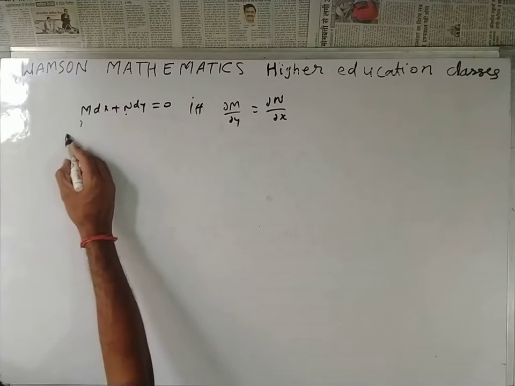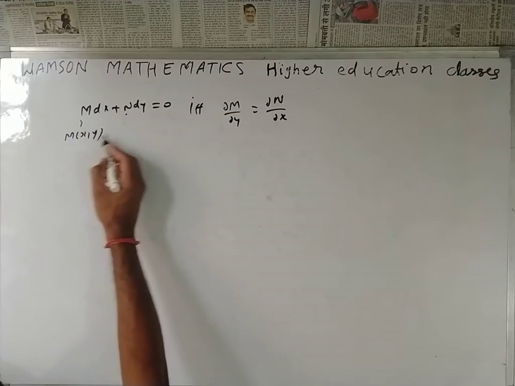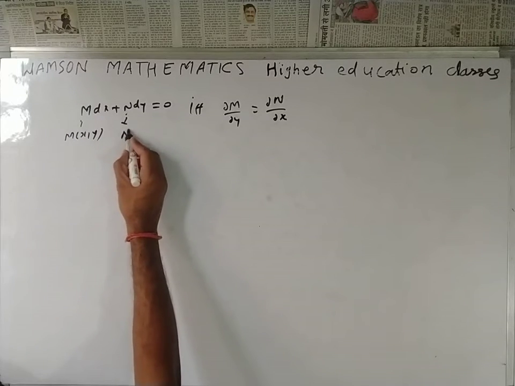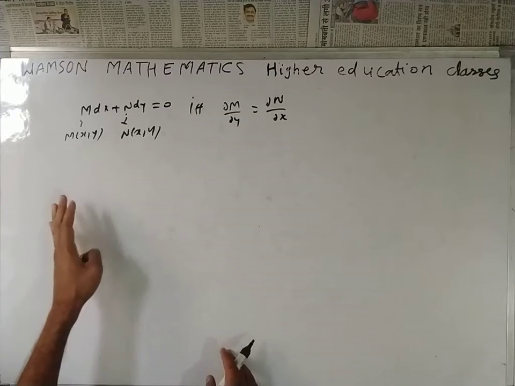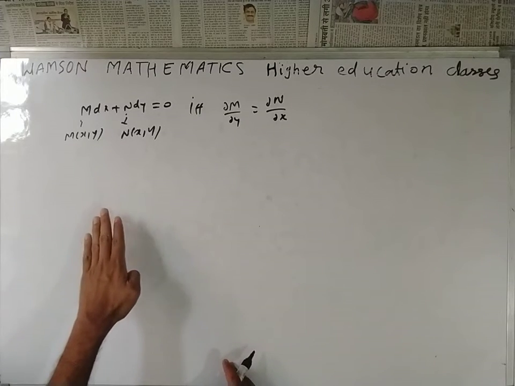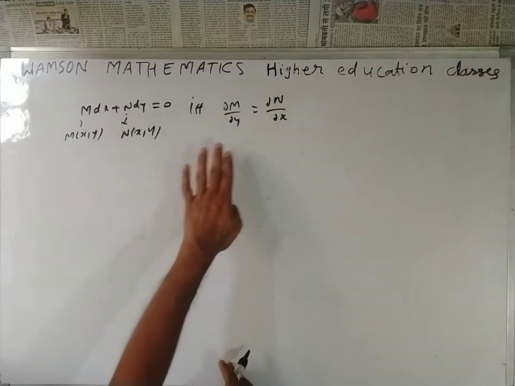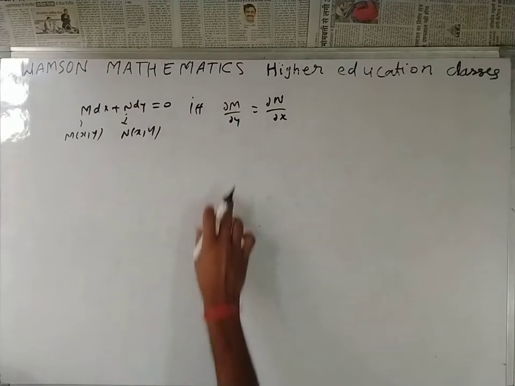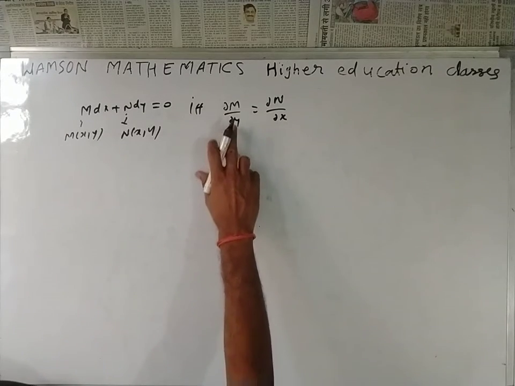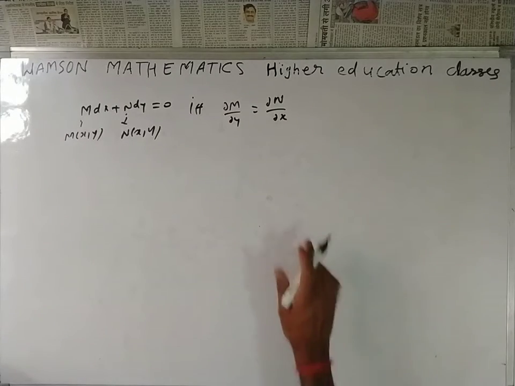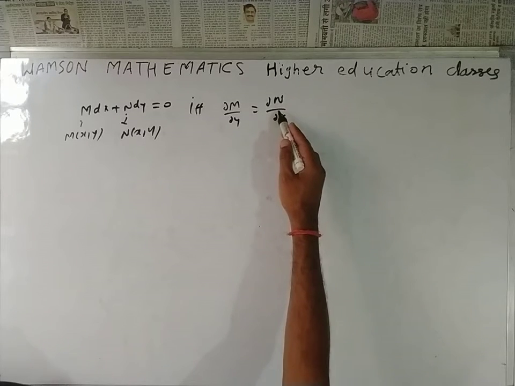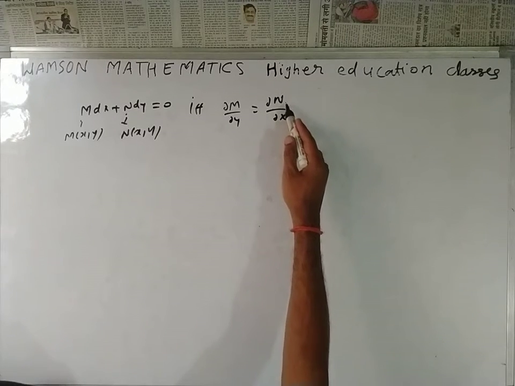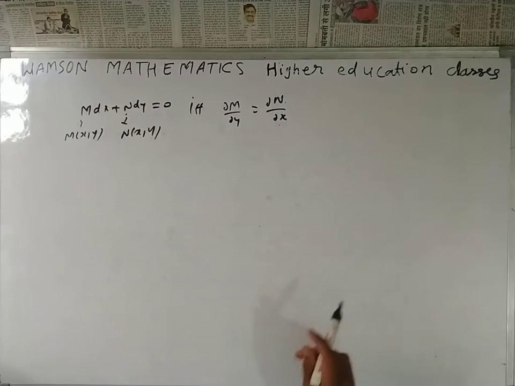M is a function of x comma y, and N is also a function of x comma y. So this standard equation is said to be exact if and only if this condition holds. This is nothing but the partial derivative of M with respect to y, which equals the partial derivative of N with respect to x.